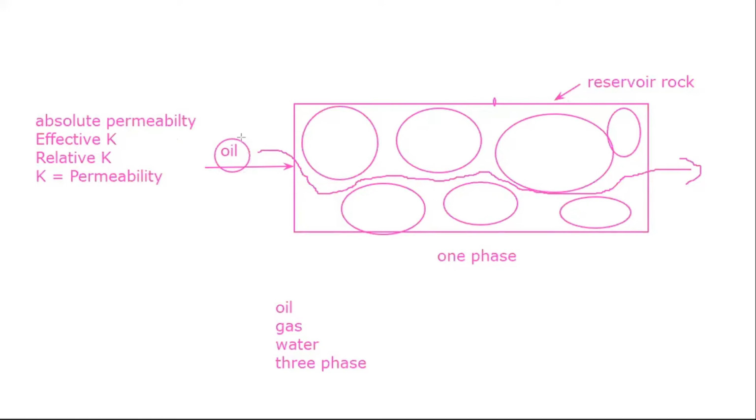Now I'm saving this picture and proceeding to the next one, effective permeability. Imagine we have oil, but the rock already, as you saw in the previous pictures, has some water also. For example, it has some water on the sides.